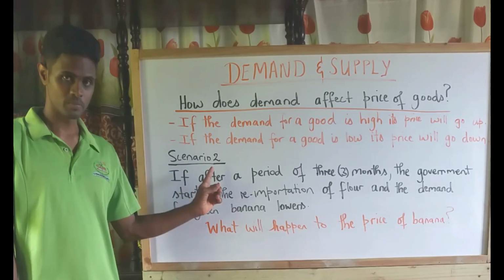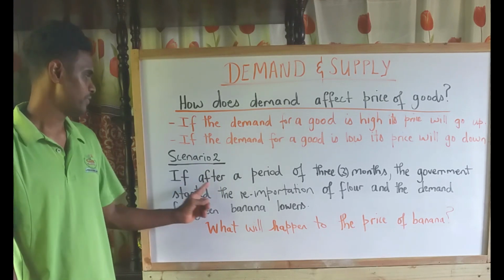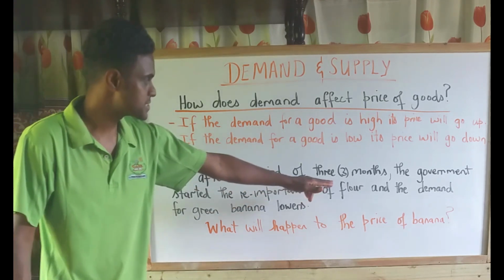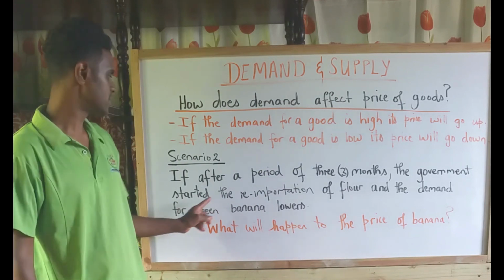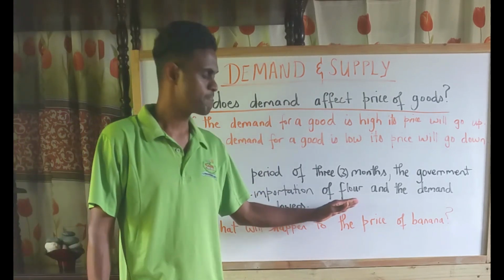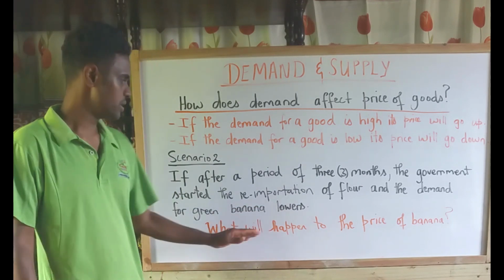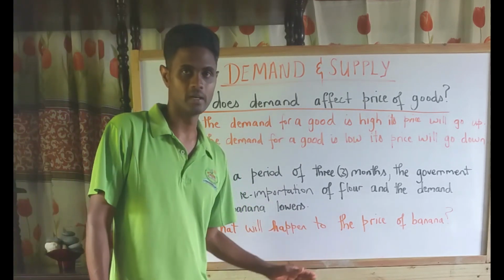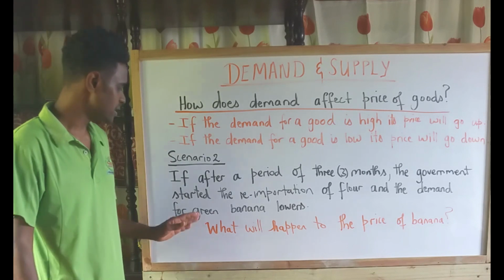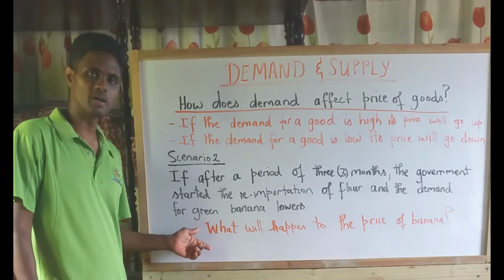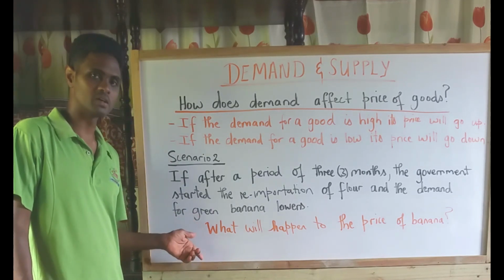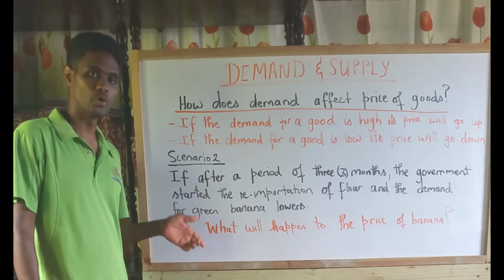Scenario number 2. If after a period of 3 months, the government started the re-importation of flour and the demand for green banana lowers, what will happen to the price of banana? Now, what will eventually happen is that the price of the banana will go down because demand for the banana goes down.